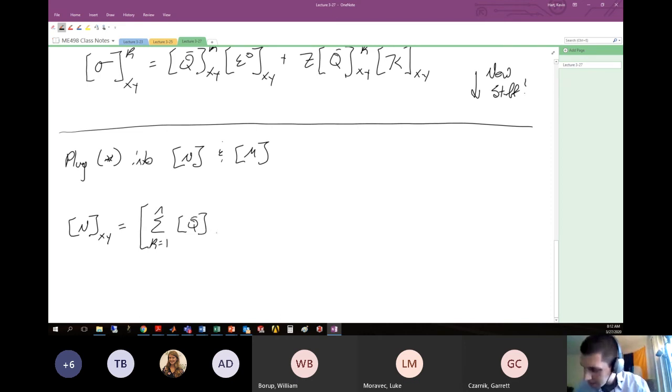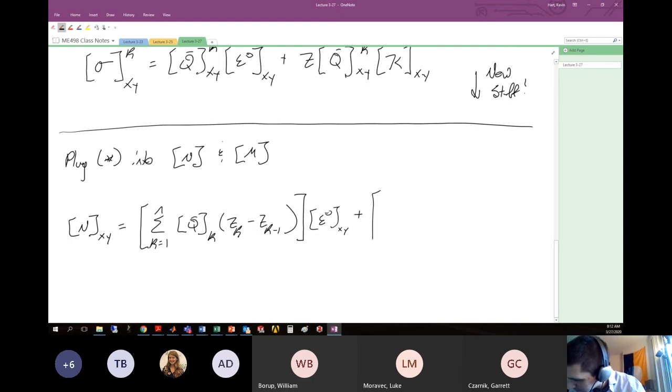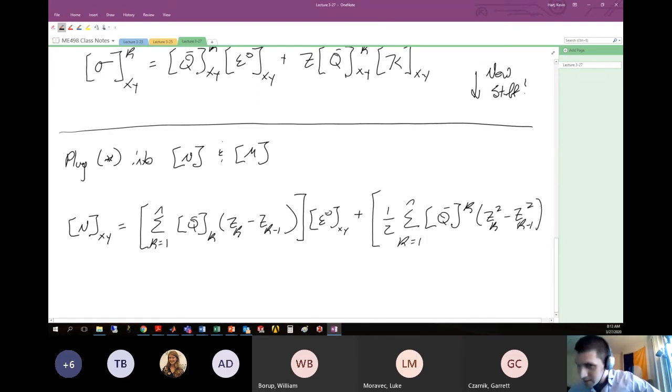This is Q bar k multiplied by z k minus z k minus 1. Let me just get this down here, and then we'll explain the terms. Here, this is the midplane strain component, plus here we have a 1/2 that hangs out, summation from k equals 1 to n of our stiffness of layer k multiplied by z k squared minus z k minus 1 squared.